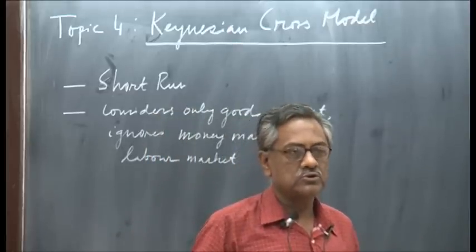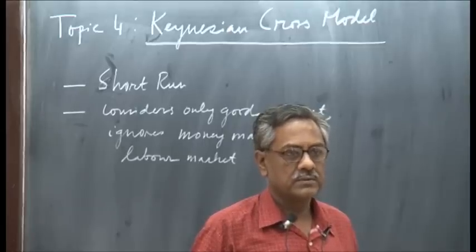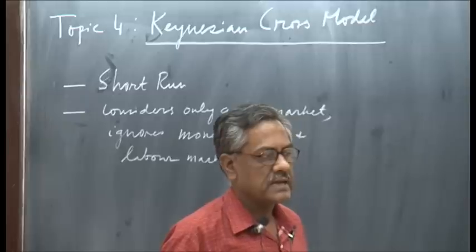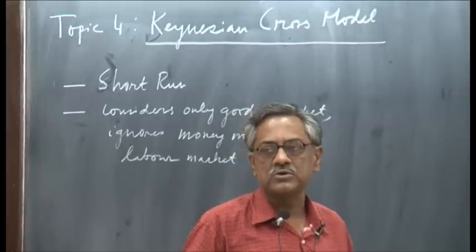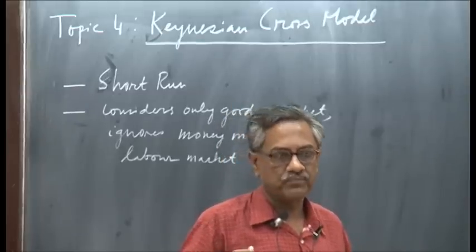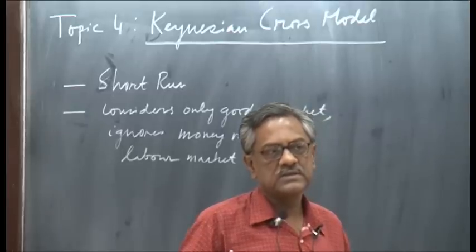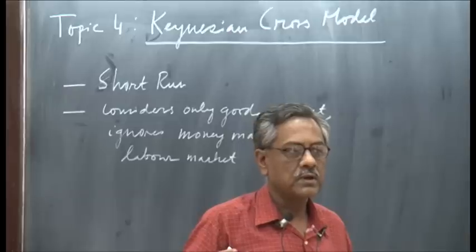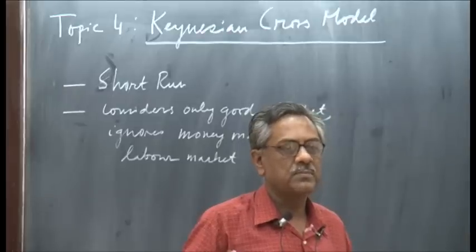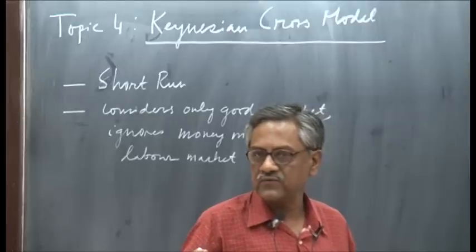And it ignores the labor market quite cleverly. What it does is that it makes some assumptions in the short run which make the supply curve in some sense passive, not active.